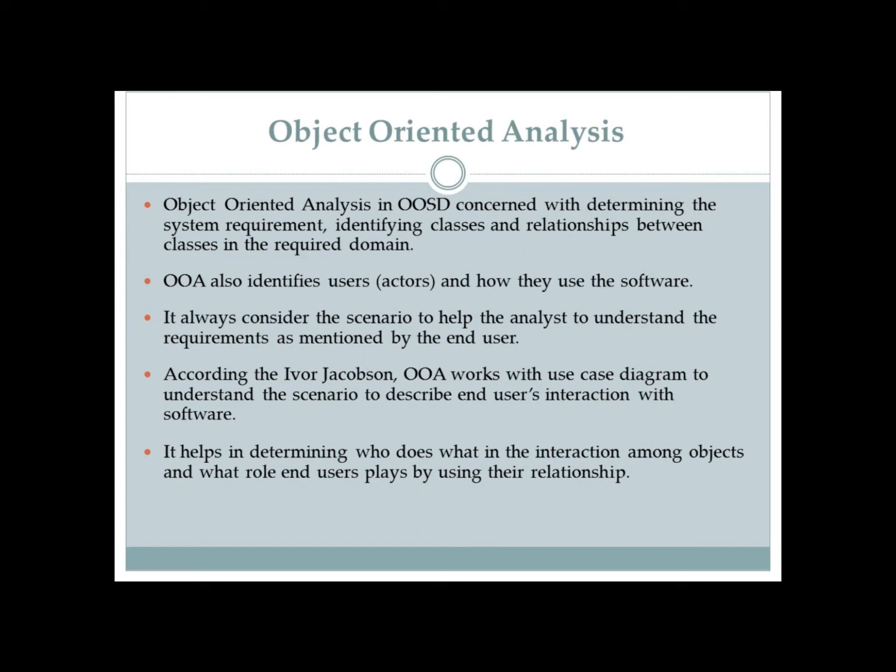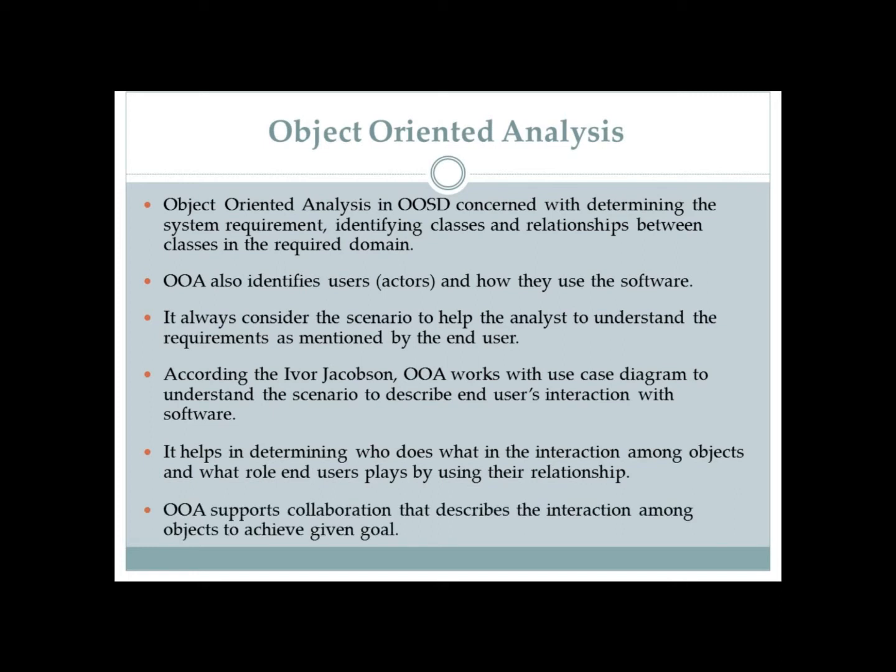Object-oriented analysis helps in determining who does what in the interaction among objects and what role the end users play by using their relationship. These two types of questions are answered by the object oriented analysis phase.